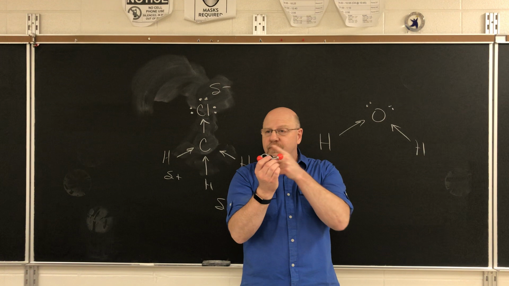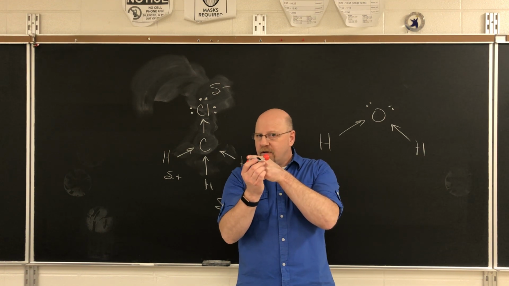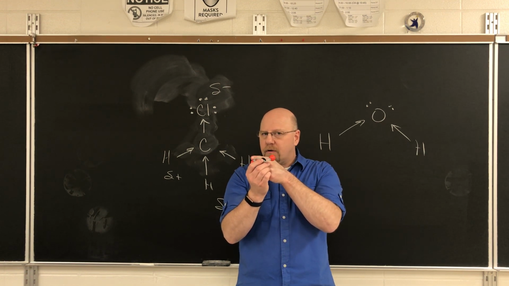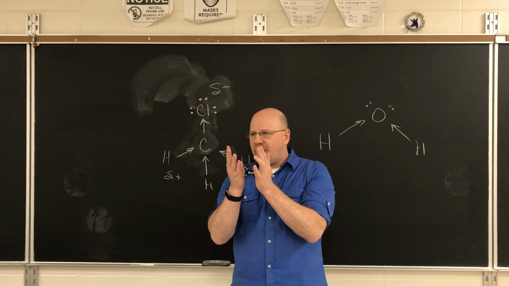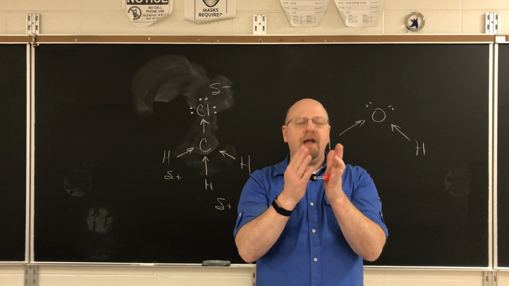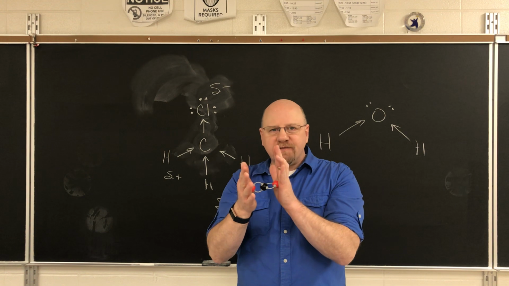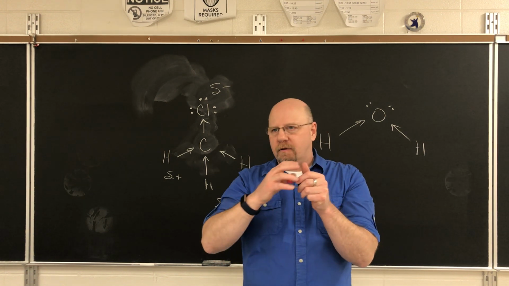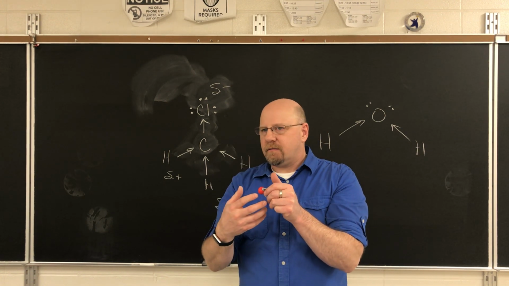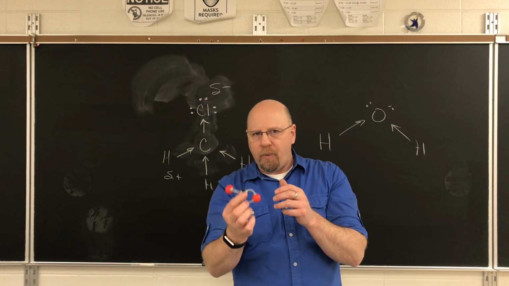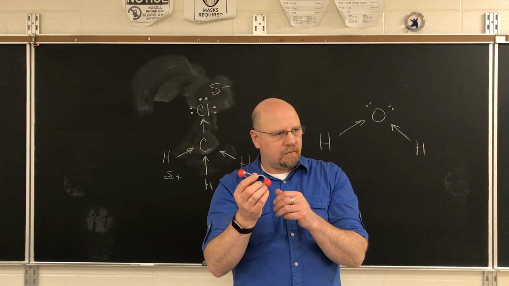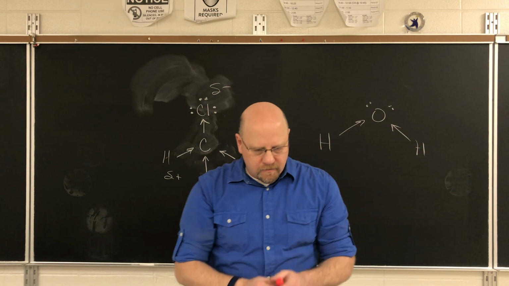Equally negative because they're the same atoms. And it's going to be nonpolar, because there's no way that you can isolate and have one part be positive and one part be negative on the exterior. So this would be a nonpolar molecule. Okay?